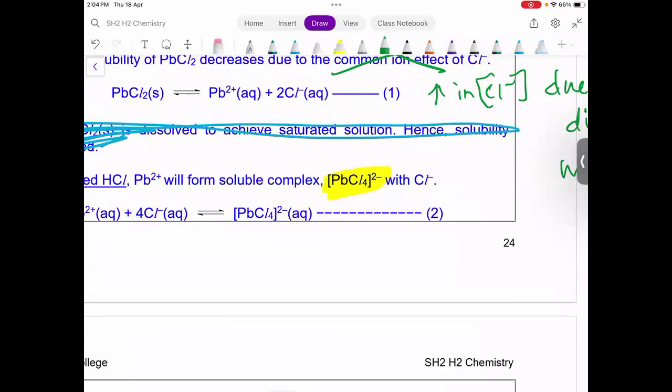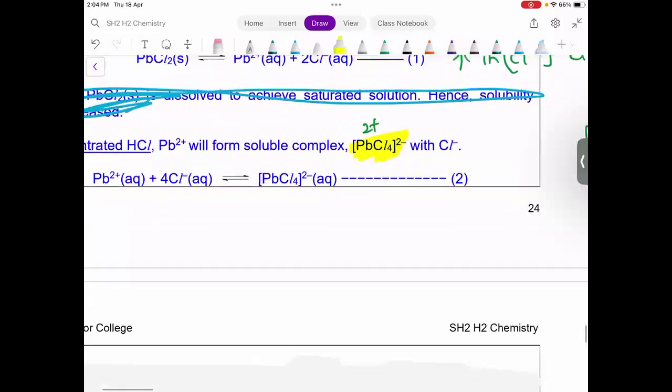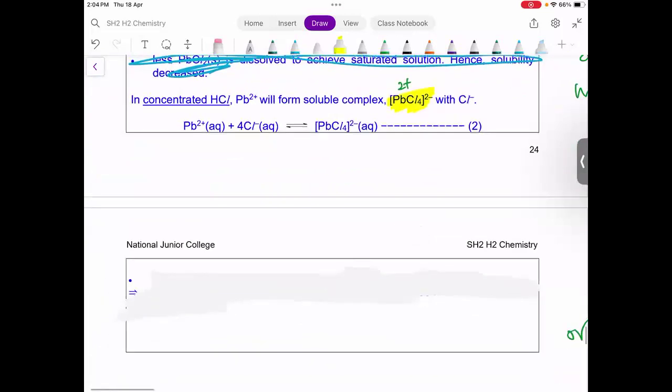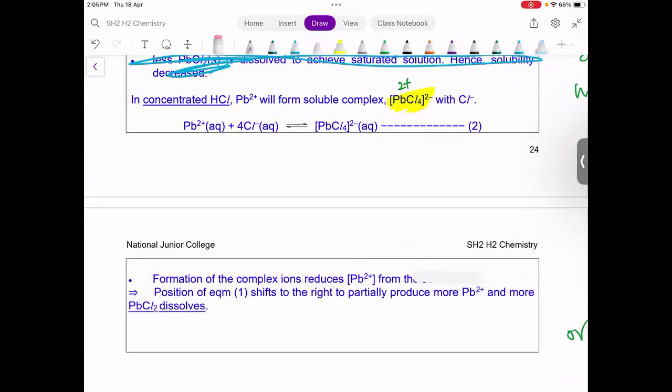So it's a lead 2 plus here, so there's 4 chloride attached. 2 plus charge here, 4 chloride attached. Because of this, the concentration of cation decreases, therefore enhancing solubility. So this is the Le Chatelier principle.